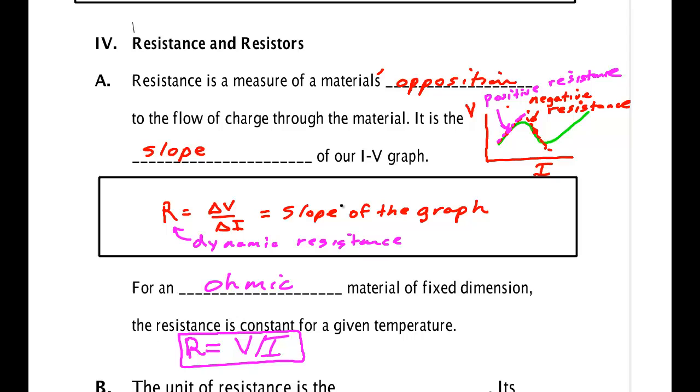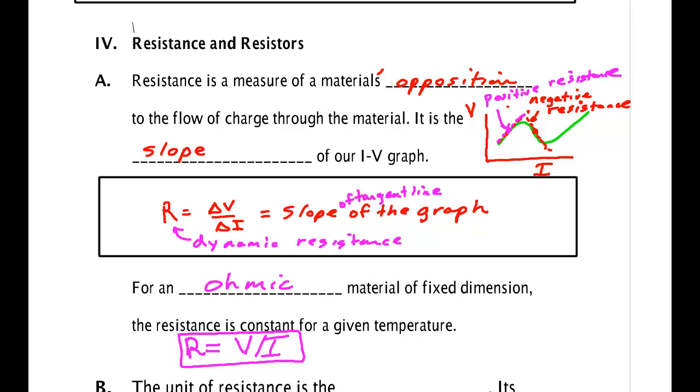And I really should say slope of tangent line of the graph. But for ohmic materials, since it's a straight line, this slope is constant, and we simply get R is equal to V over I.